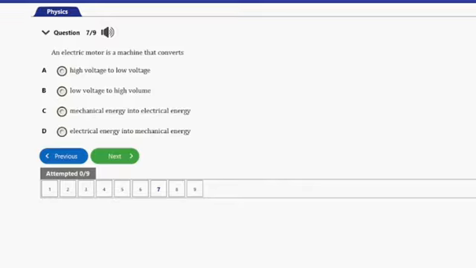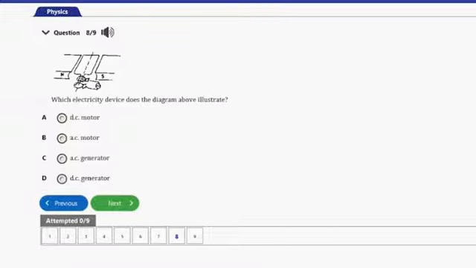Let's go ahead and consider the next question. Here we have a diagram, and the question says, which electricity device does the diagram above illustrate? We have A. DC motor, B. AC motor, C. AC generator, and D. DC generator. The answer to this question is option C. This is an AC generator, and that's it for this question.